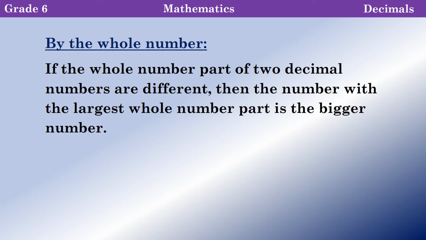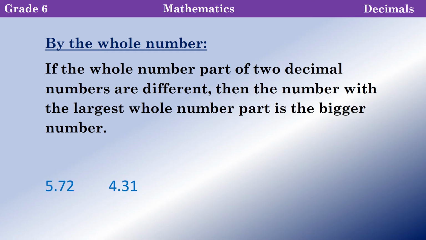When you compare two decimal numbers by the whole number, if the whole number parts of the two decimal numbers are different, then the number with the largest whole number part is the bigger number.